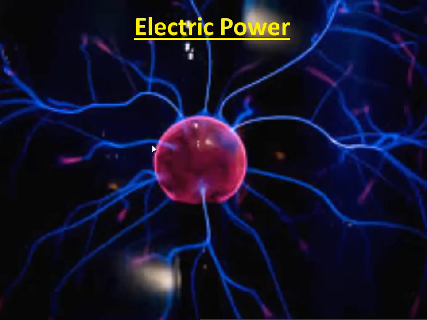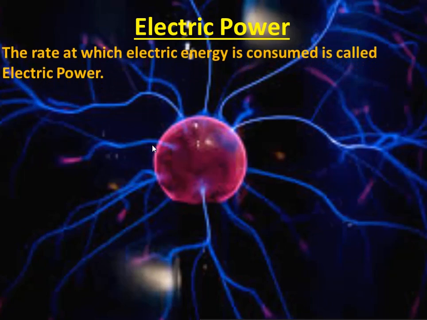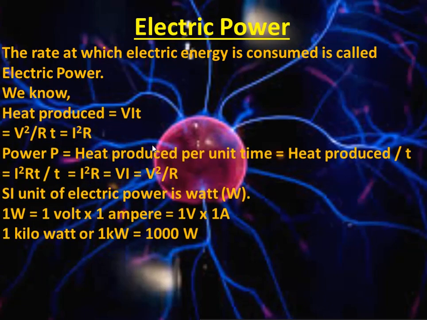Now students, we will study the most important concept of this chapter, electric power. The rate at which electric energy is consumed is called electric power. As we know, heat produced is equal to V into I into t. This is also, by using Ohm's law, V square by R into t, which is equal to I square Rt.